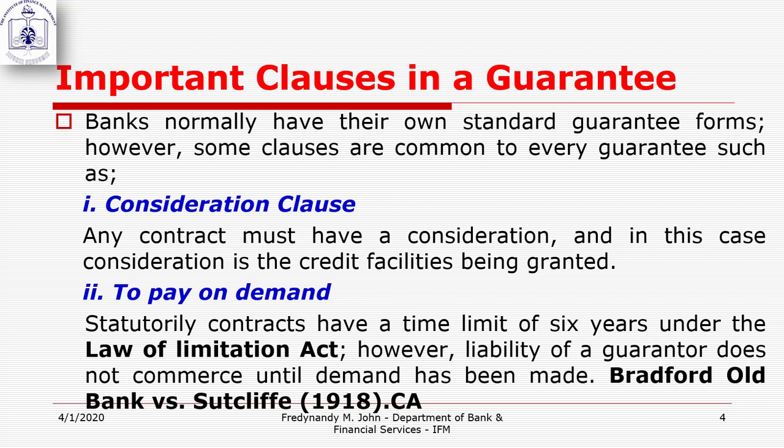Therefore, if for example the borrower has served his contractual obligations over the period of 6 years and he comes to default on year 7, and the bank has tried all the effort to recover the borrowed funds in vain, and subsequently decided that now it is about time we inform the guarantor.